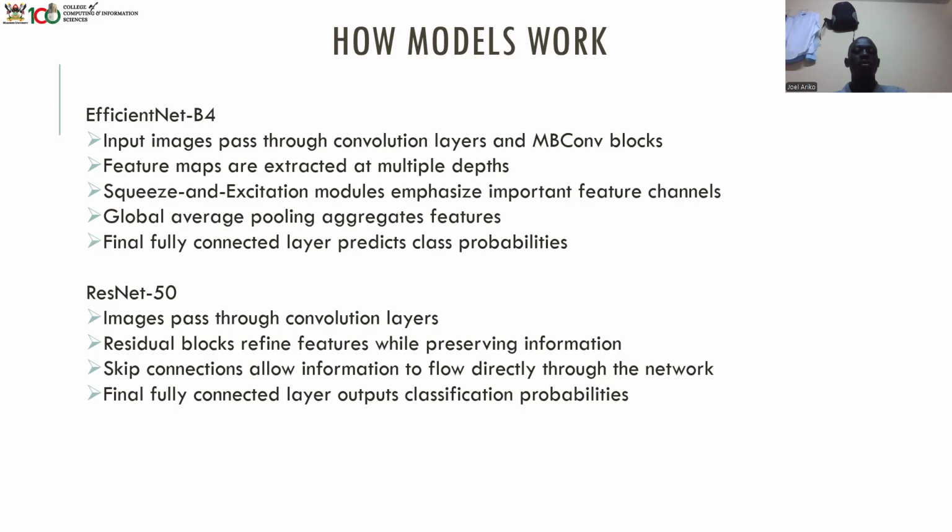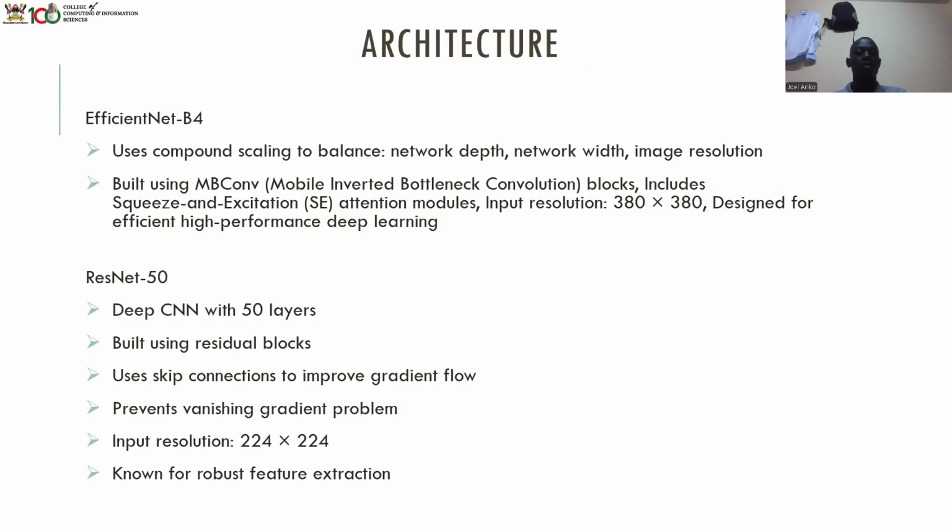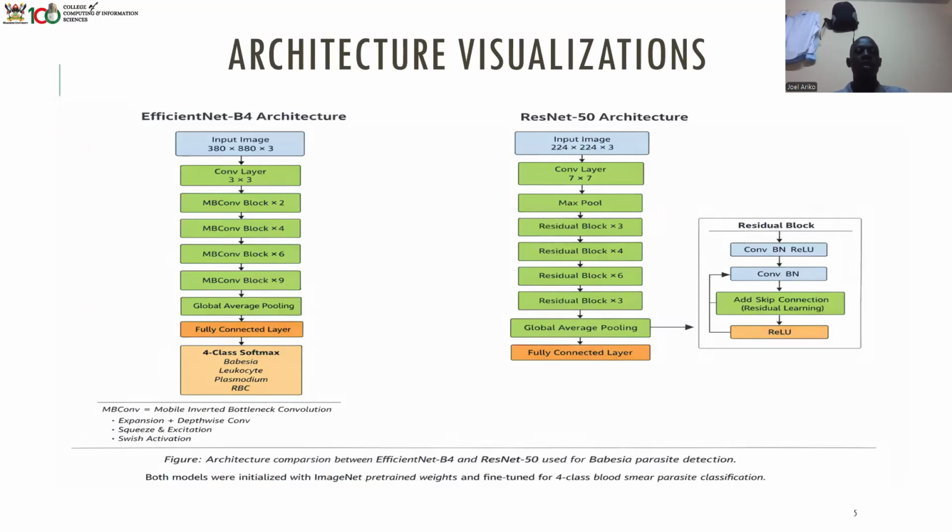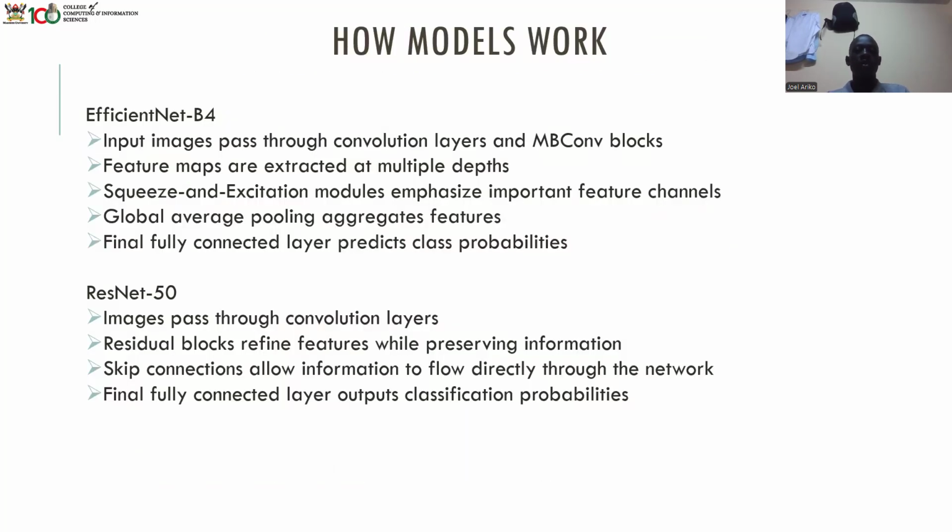So how do the models work? For both of them, you import images. Particularly for the EfficientNet B4, you pass the images through the convolutional layers, these layers that you are seeing. Then feature maps are extracted at multiple depths.